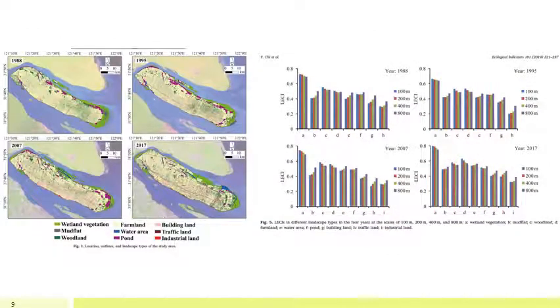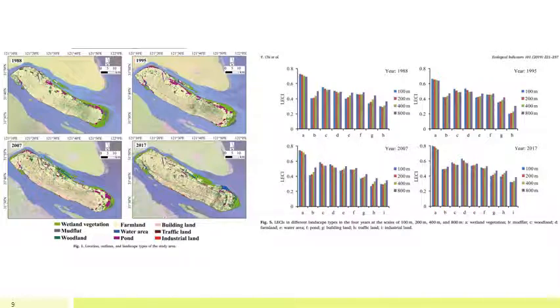These are 2 different visual outputs that the researchers generated to show the different landscape types within the study area. So figure 1 is showing the location and the different land cover types, and this was created with ArcGIS.